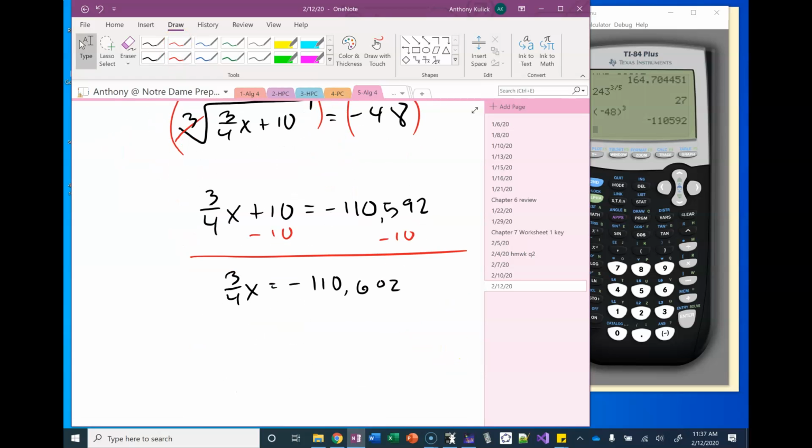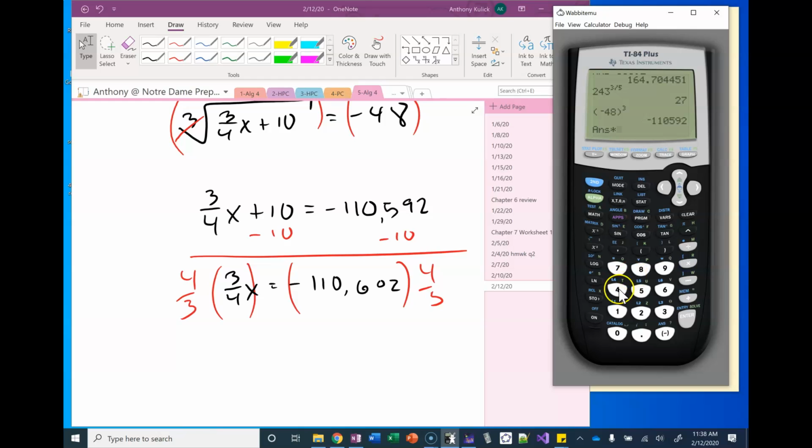And then my last step would be dividing by negative 3/4, which is the same thing as multiplying by 4/3, which is how I'm going to think about it. Oops. Forgot to subtract the 10. And then we got to multiply it by 4/3.